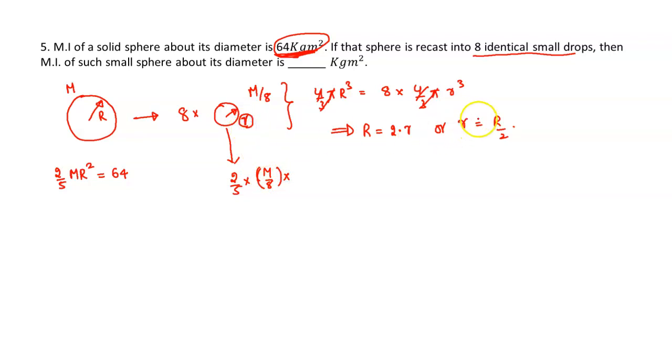Small r square will be capital R square upon 4. This is nothing but 2 by 5 mr square divided by 8 into 4. 8 into 4 is 32. So just substitute the value here. This is 64 upon 32, which will be equal to 2. So the missing numerical in this question will be 2.